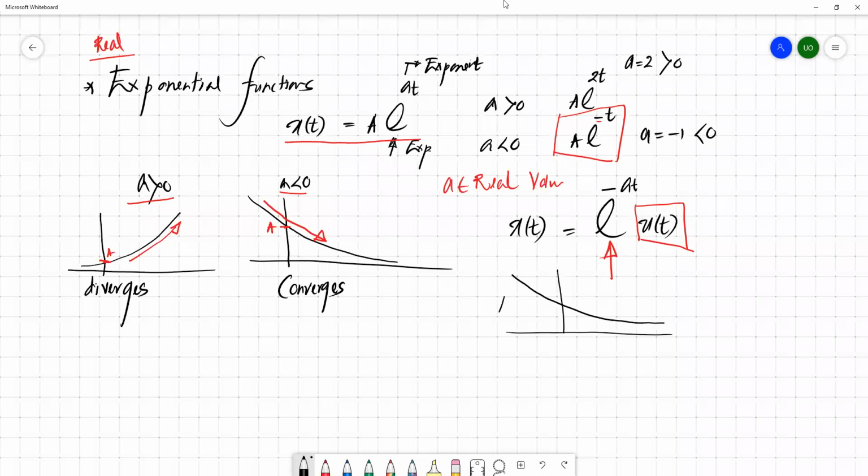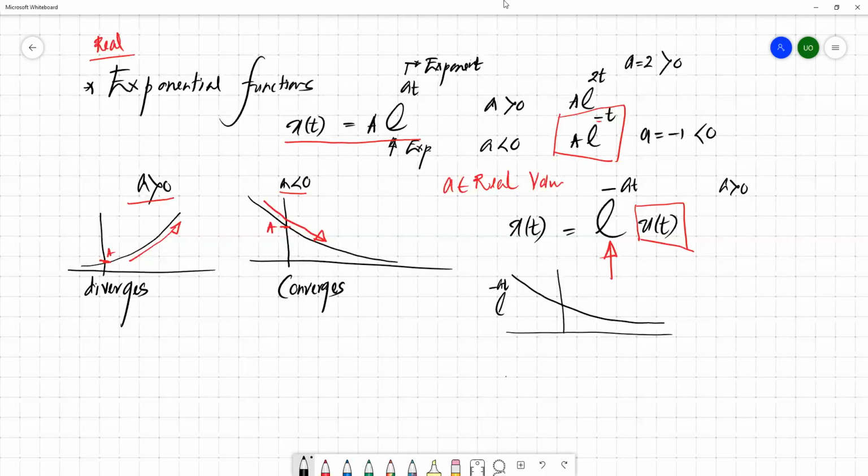Because in this case a is greater than 0, minus a represents a negative value. So we have a negative exponent, and the ultimate value of the function is a converging type of function. So this is actually e to the power minus at without the unit step function.